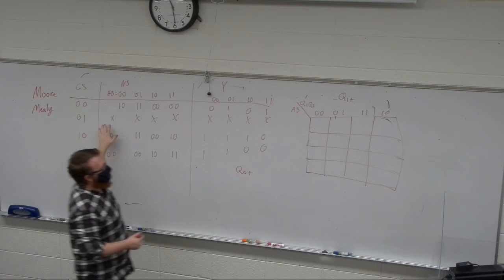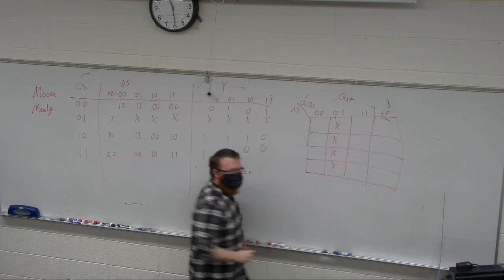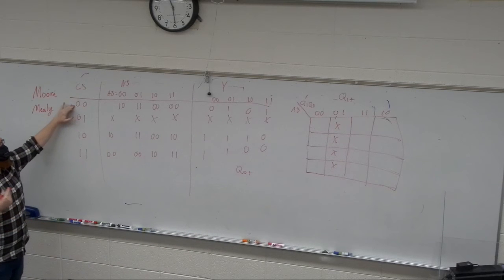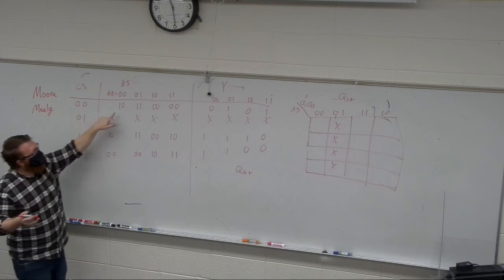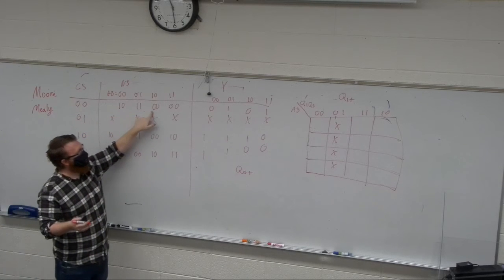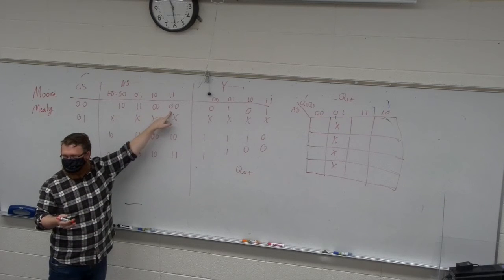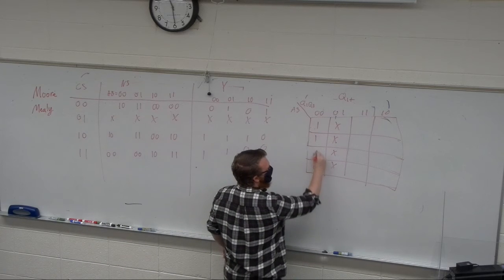So my 0, 1s are still straight up don't cares. My 0, 0s then, if I'm dealing with Q1 plus in the next state, 1, 1, 0, 0. Does everyone see that? 1, 1, 0, 0.